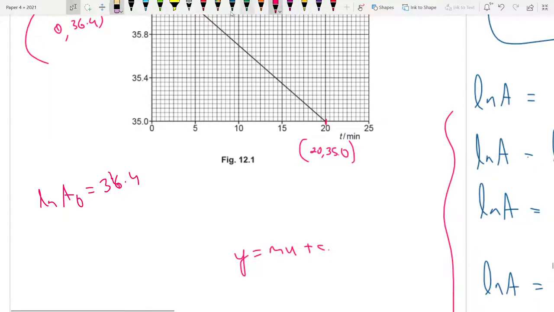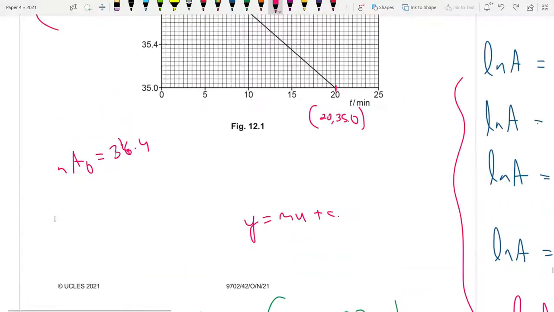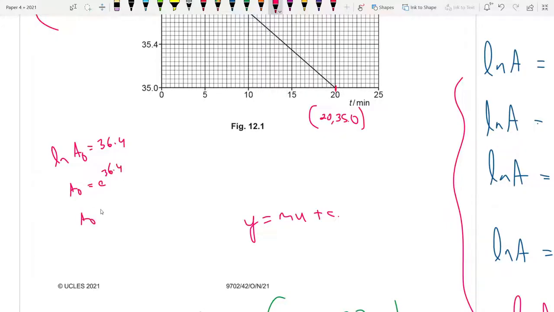How does that help us? A naught is equal to e to the power 36.4. A naught is equal to 6.43 into 10 to the power 15 becquerels, right? You could find that out.